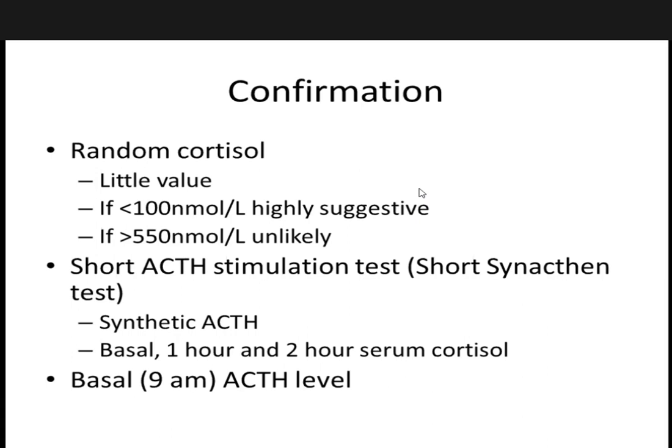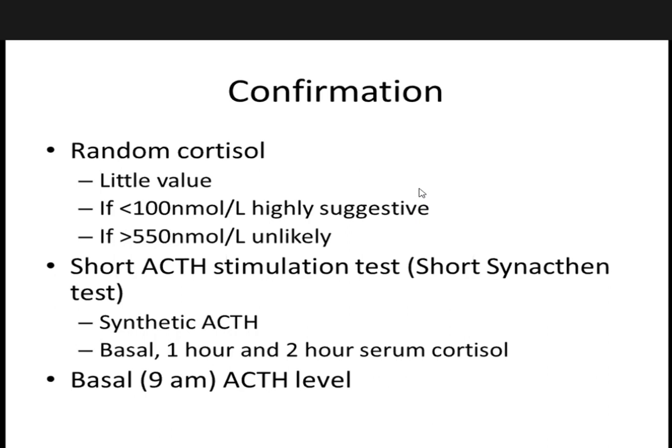So if there is a good response, if the serum cortisol level is increased, especially to a level around 500, then the test is negative. That can safely exclude that the patient is having primary adrenal failure, right?